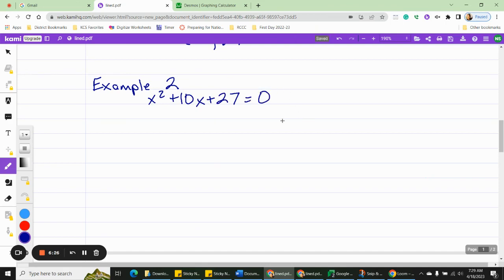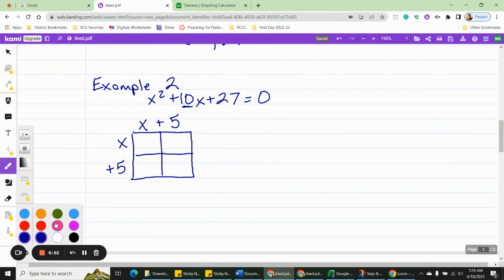Now, remember what our first step was. We're going to draw the box and split that b value in half. So let's draw our box with the 4 squares in the middle. I'm going to write x on the top left and then take half of this number. So half of 10 is 5. It's going to be a +5. So I've set up the outside of the box.